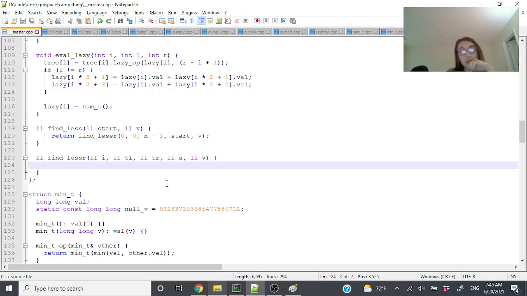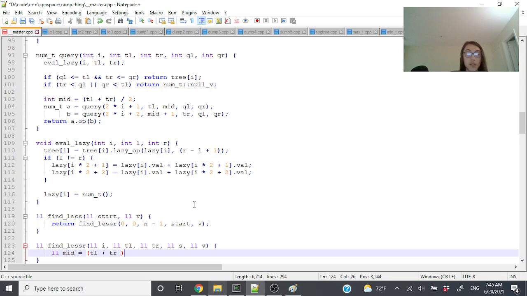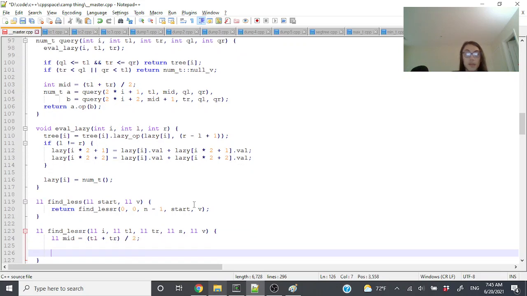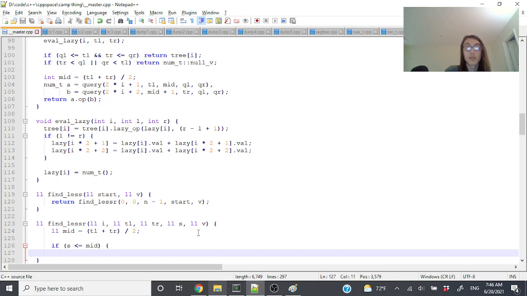So let's see. Mid is equal to (tl plus tr) over 2. If there's stuff on the left, if s is less than or equal to mid, then we try left.